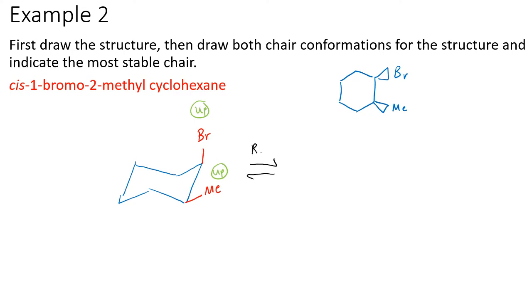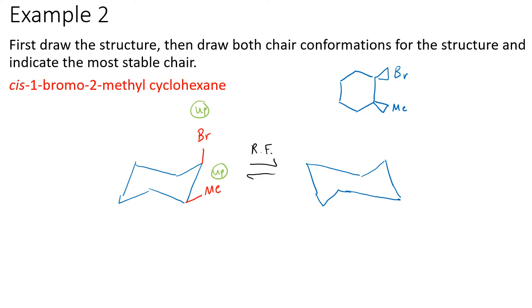Now let's draw a ring flip. And at position number 1, we're going to have our bromo group.